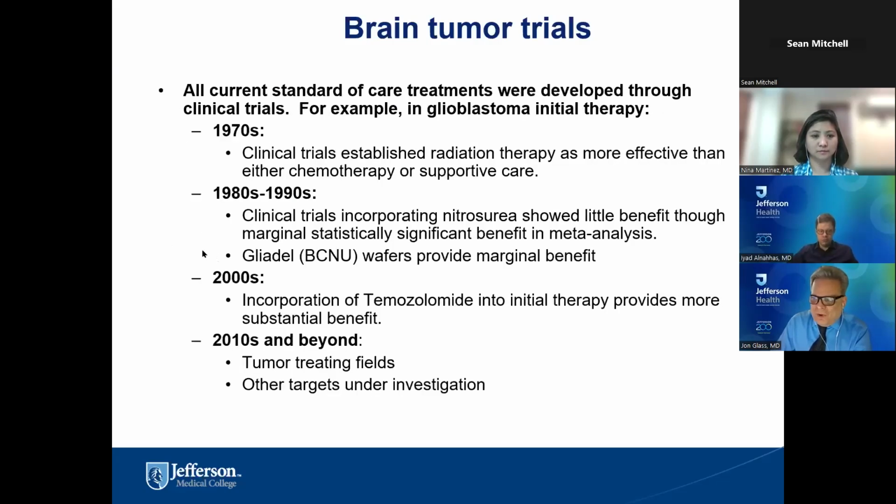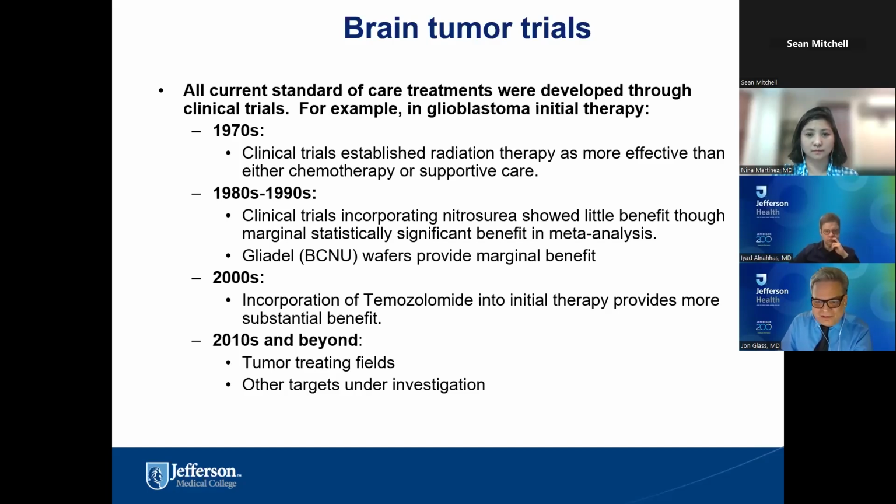Okay, so just to give you a little history, all of our current standard of care, let's say for glioblastoma, initial treatment of glioblastoma comes from clinical trials. Back in the 70s, we established that radiation was effective. In the 80s and 90s, we established that maybe adding another medicine called BCNU was helpful, both in the form of intravenous drug, oral drug CCNU, or actually implantable BCNU wafers that went into the tumor at the time of surgery.